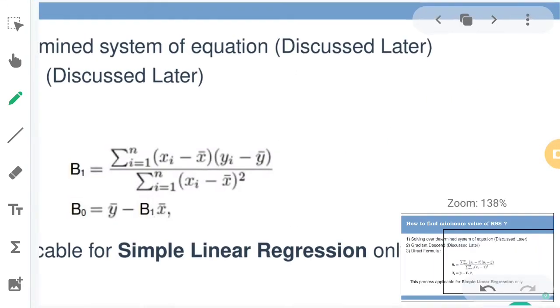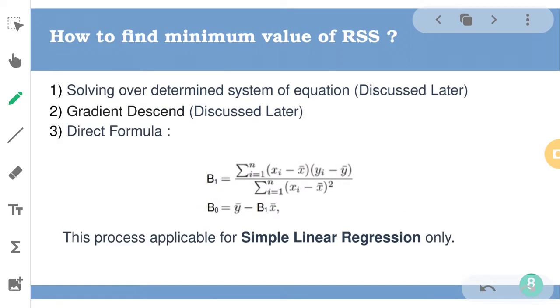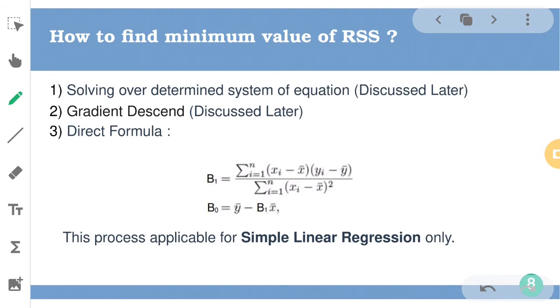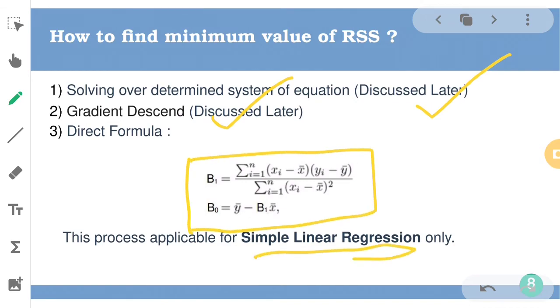Now how to find the minimum value of RSS? There are three methods. One is the over-determined system of equations, discussed later; another is gradient descent, discussed later; and the other is the direct formula, and this is only for simple linear regression.